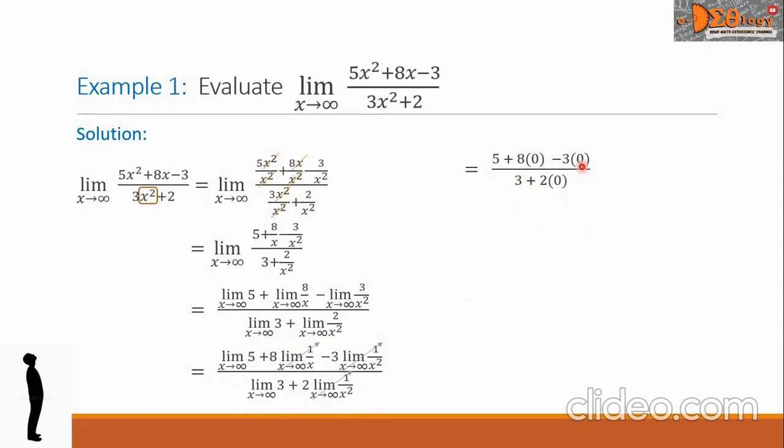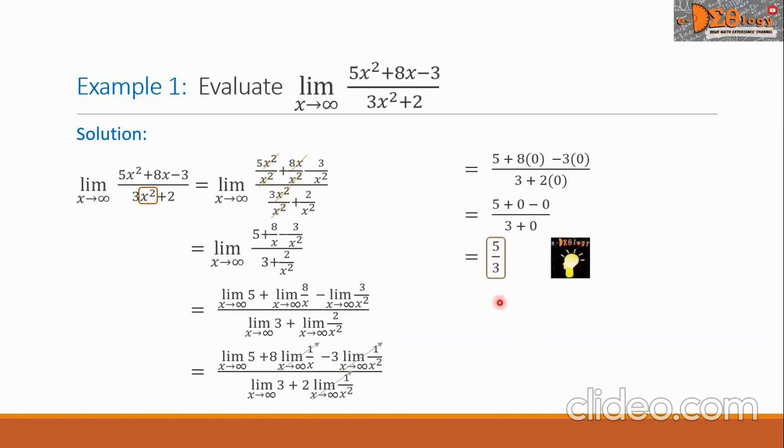Simplifying further, 8 times 0, 3 times 0, and 2 times 0 are all equal to 0. And simplifying now, we have 5 over 3. This is our final answer.